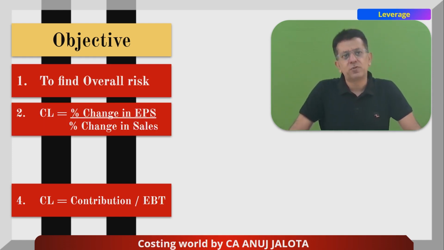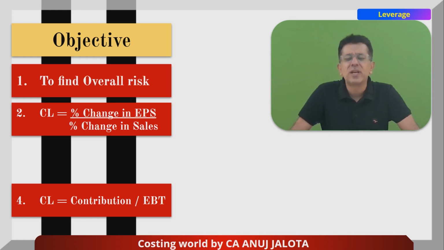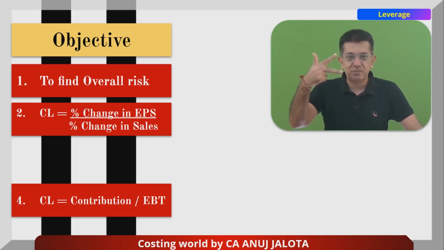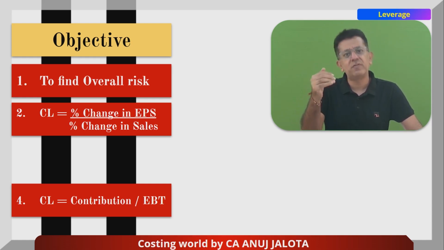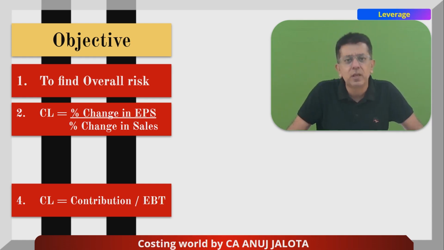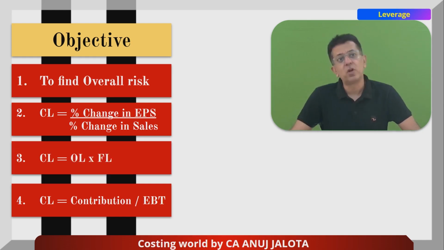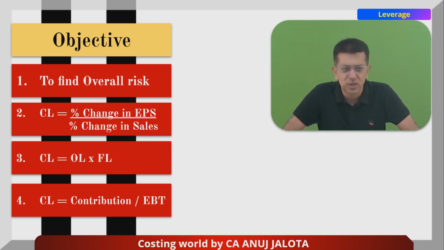Now, its formula: combined leverage, or any leverage to be honest, is percentage change in dependent variable upon percentage change in independent variable. In reference to operating fixed cost and financial fixed cost, sales is the independent variable, EPS is the dependent variable. This formula can take many forms. One of the other forms is CL equal to operating leverage into financial leverage.